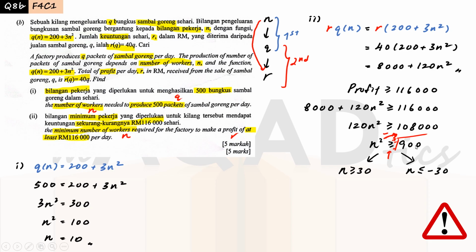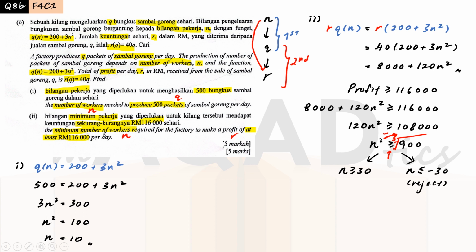Alright? And then the square root of 900 will become 30, and because we are moving negative to the other side, here we need to put negative. Okay, but for this one, we need to reject, because number of workers cannot be negative, right? So our answer would be this one.